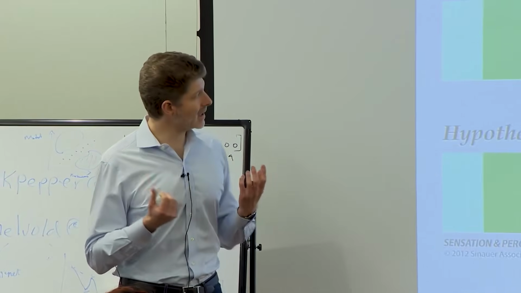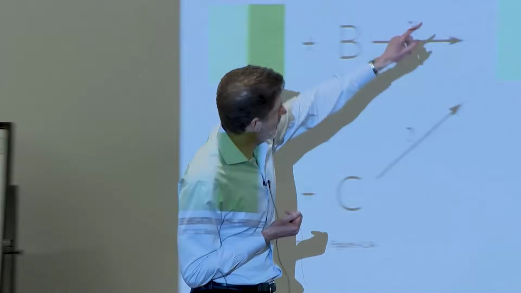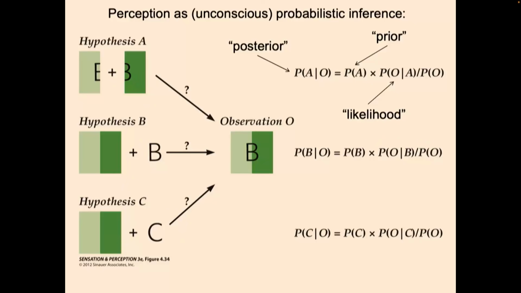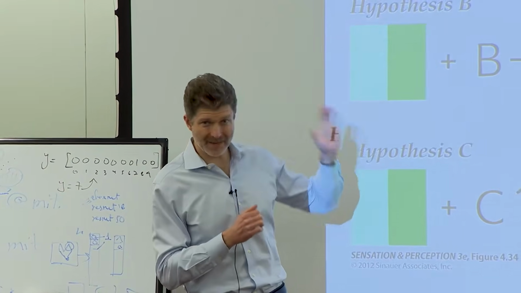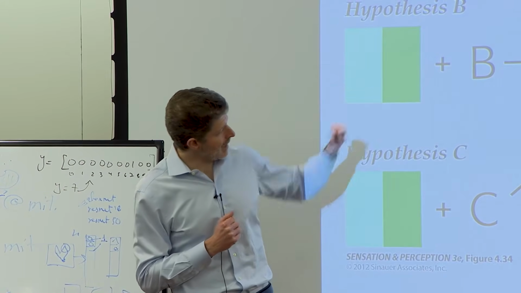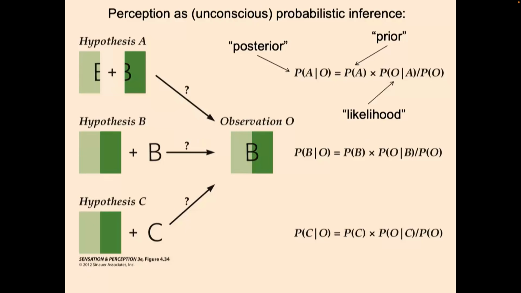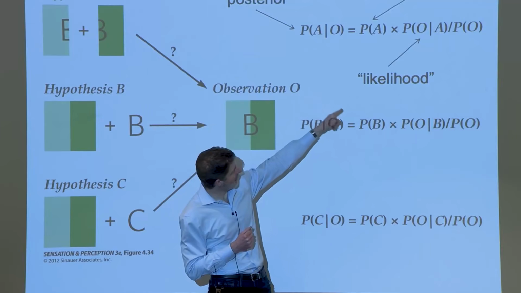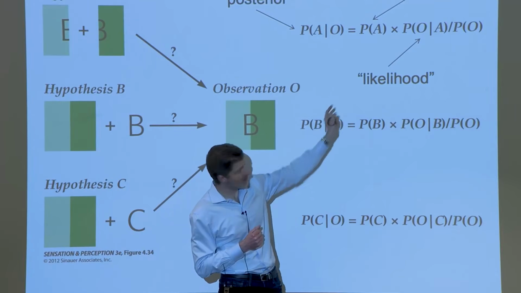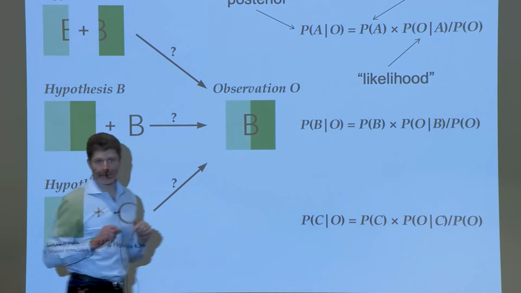All right, so how do we evaluate that probability? Well, this is an expression for that probability. That's what's called the posterior probability, right? It's the probability of the hypothesis given the observation, right? That vertical line means given, okay? And Bayes' rule states that the posterior probability, the probability of A in this case given O, is equal to the product of the probability of A on its own, that's called the prior, and the likelihood, the probability of the observation given the hypothesis.